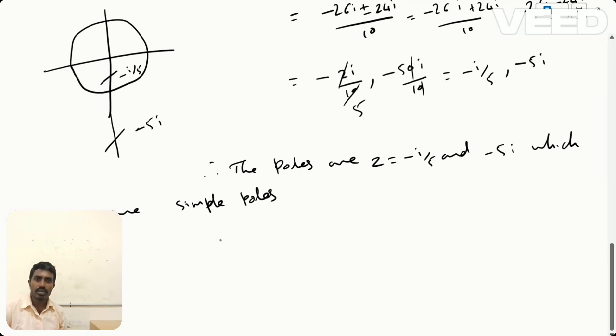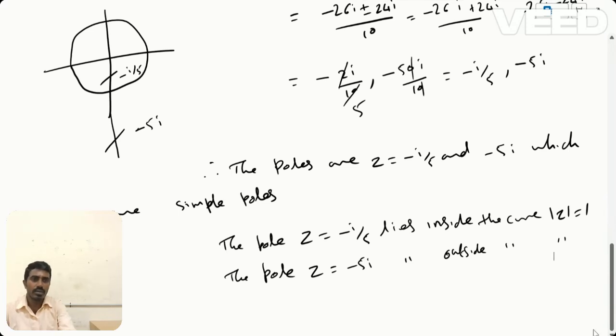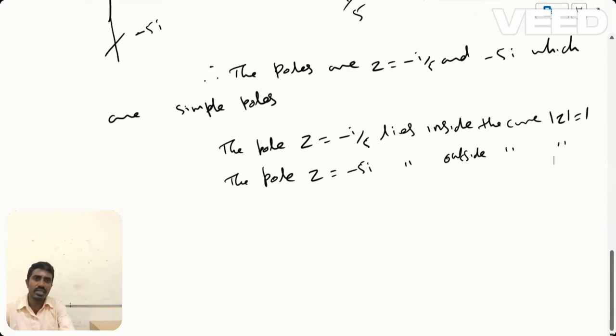Moreover, the pole z equal to minus i by 5 lies inside the curve mod z equal to 1. Similarly, the pole z equal to minus 5i lies outside the curve mod z equal to 1. Now we need to find the residue for the pole which lies inside. Here z equal to minus i by 5 is the only pole lying inside.